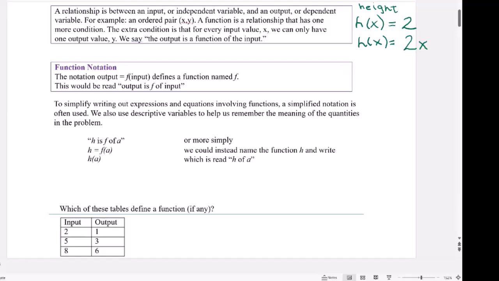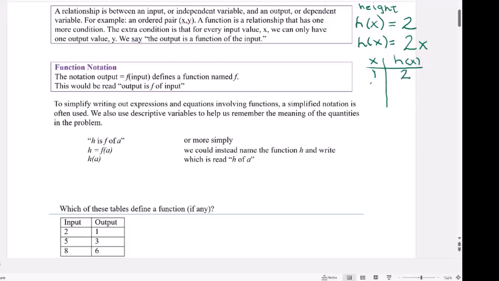And now I'm saying when x equals 1, so my ordered, here, let's draw a table first. I don't want to confuse anybody right from the start. So when x equals 1, I plug in 1 for x, I get h equals 2.